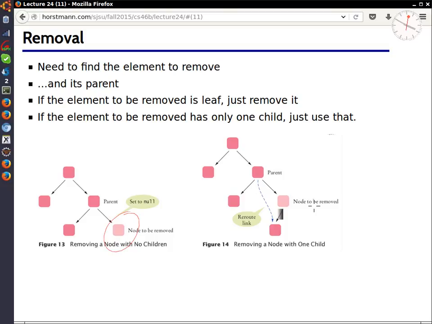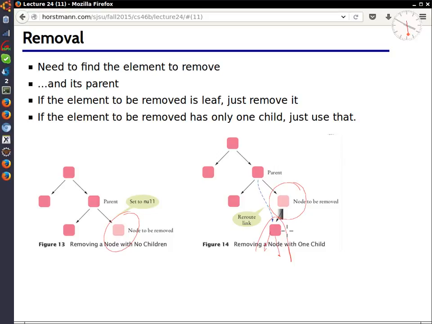The next more complex case is if I have an element with just one child. So where either the right child or the left child is known. In that case, I can say, well, if I need to remove this one here, I'll just take whatever the child is, which might itself have children, right?